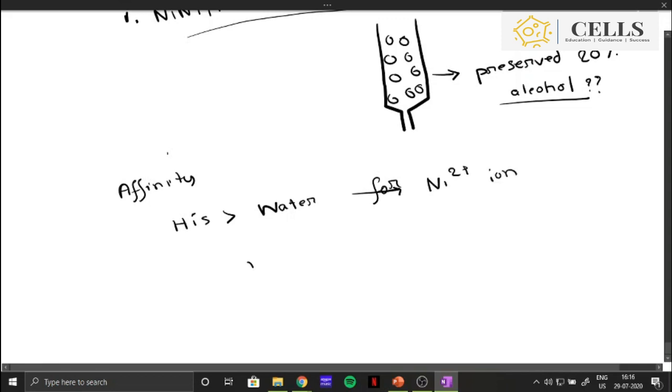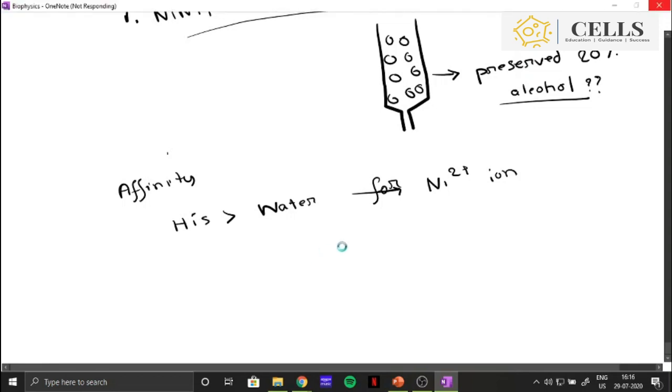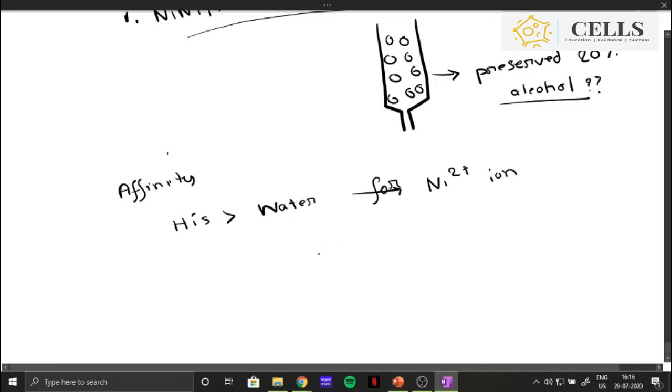When there is no histidine environment, nickel 2+ is bound to water.